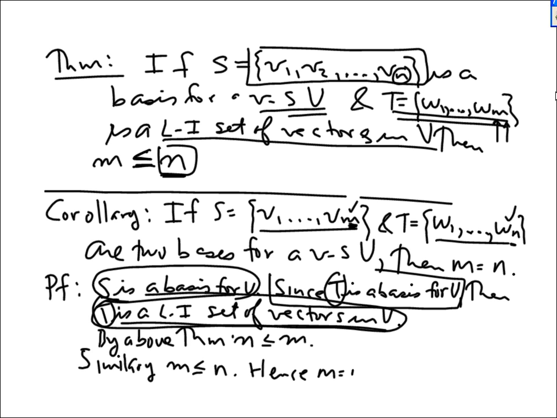Hence, m and n are equal. I hate when, in my opinion, corollaries are more important than the theorem.